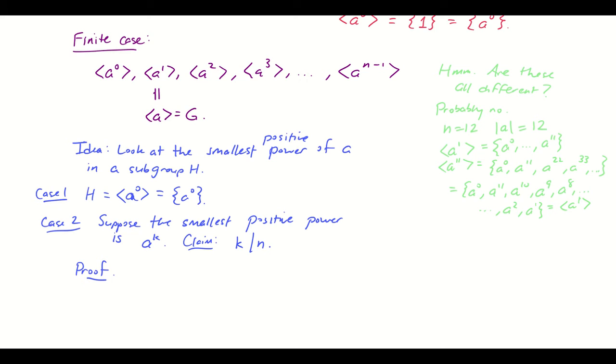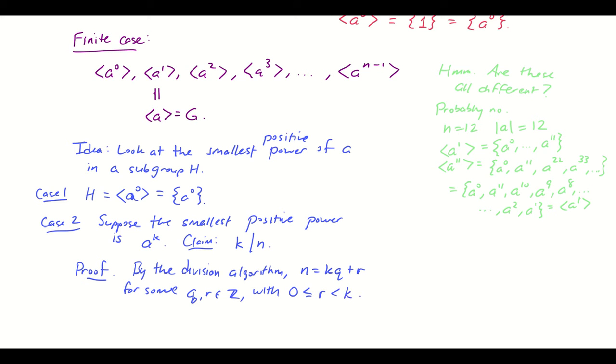As usual, in order to prove that K is a divisor of n, I'm going to set up, not exactly a contradiction, but a remainder and show the remainder is 0 by using the division algorithm. So by the division algorithm, we know that n is equal to kq plus r for some integers q and r, with 0 less than or equal to r less than k.